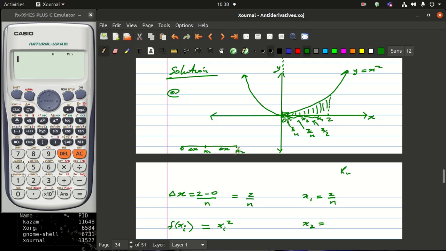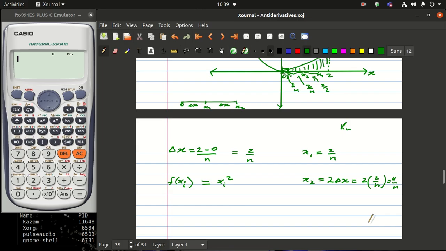To arrive at x2, I need this length delta x plus this delta x. So we end up with 2 delta x, which is 2 times 2 over n, the same as 4 over n. That is what is happening here.